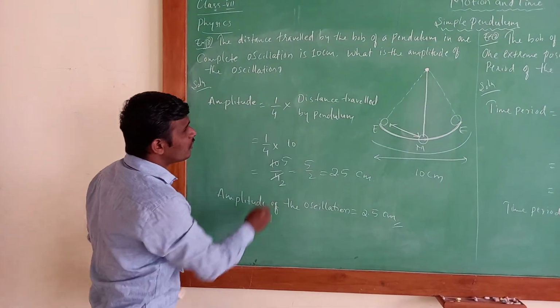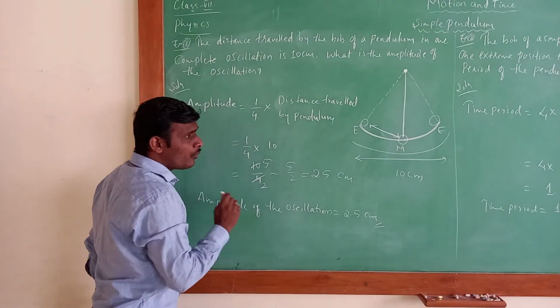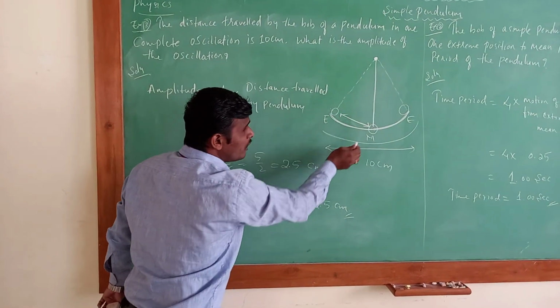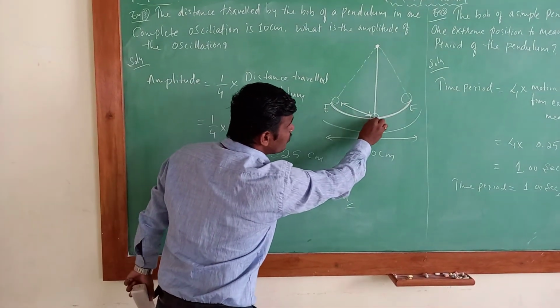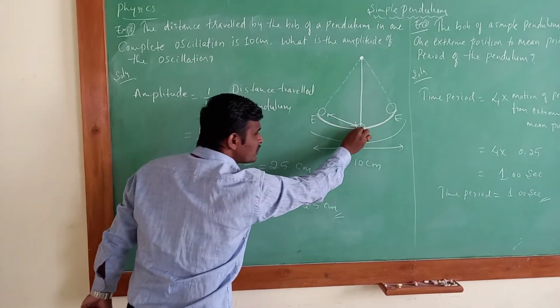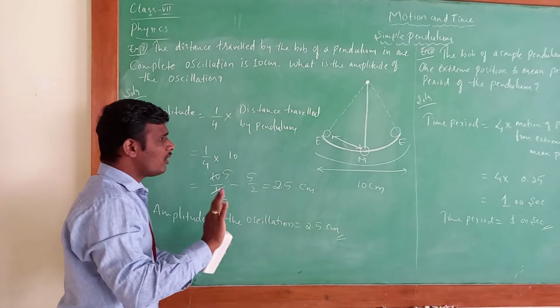So the amplitude is equal to 1/4 of the distance travelled by the pendulum. Why are we taking 1/4? Because the pendulum moves from here to here one time, then again here to here twice, then extreme position to mean position thrice, then mean position to extreme position, and then it completes one full oscillation.